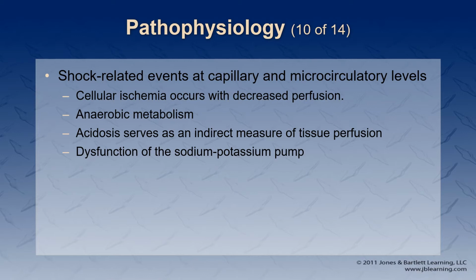So this is just more discussion of what's happening at the capillary level and how we get into that system again. I don't think we need to hit on this too hard.